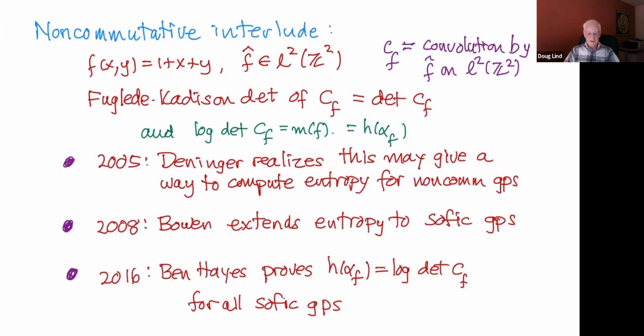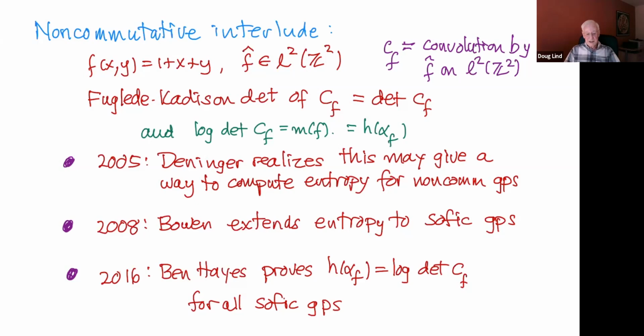Well, in 2008, Bowen extended the notion of entropy to actions of sofic groups, discrete sofic groups, including the free group on any number of generators, which was a total surprise. There was an example that had mentally blocked everyone from thinking you could do this for a long time. But he broke through that block, and now there's a well-developed notion of sofic entropy.